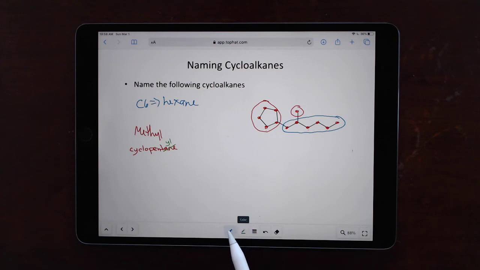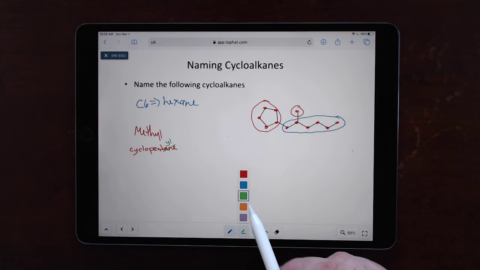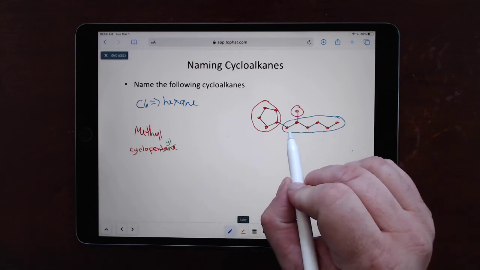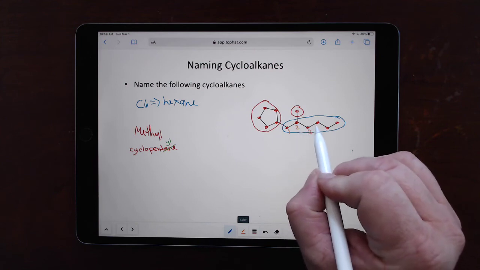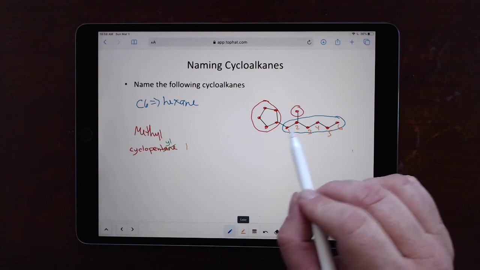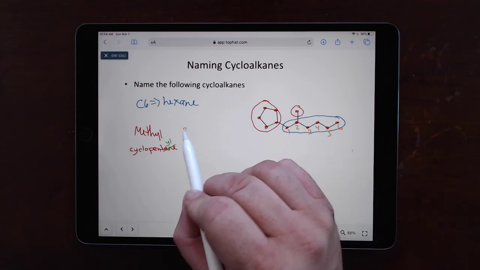So cyclopentane becomes cyclopentyl. And if we're going to do the numbering, we need to do one way or the other, right? 1, 2, 3, 4, 5, 6. So the cyclopentyl's at 1, and the methyl's at 2.